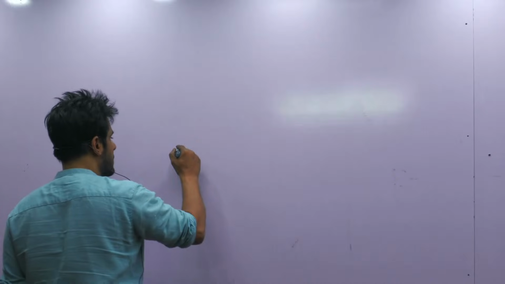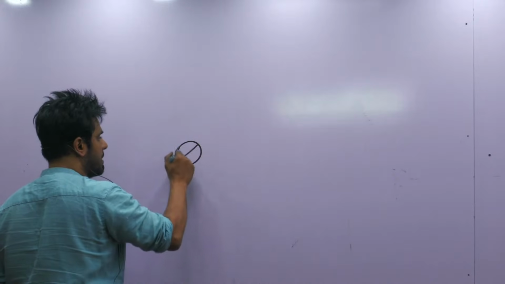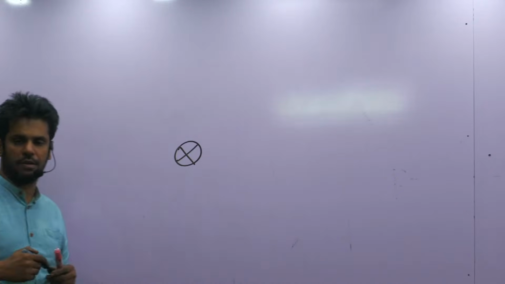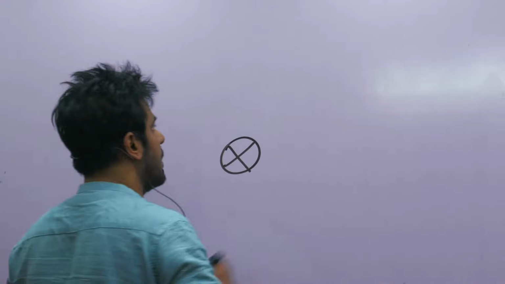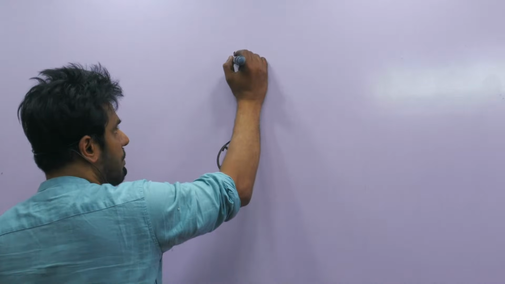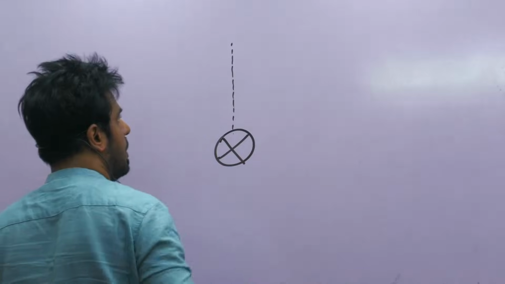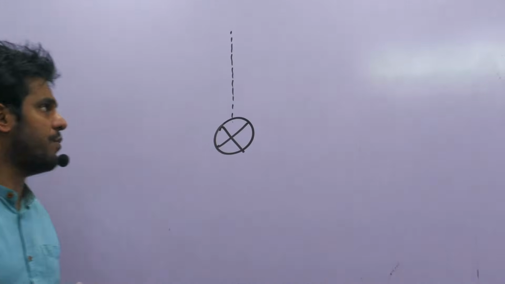Next example. This is the direction of current, so it is given by cross. Now we are going to find the direction of the magnetic field here. Anyway, I will take the first one.